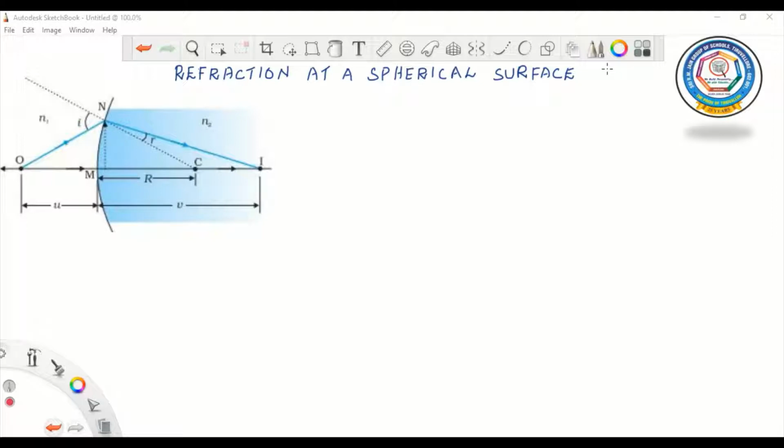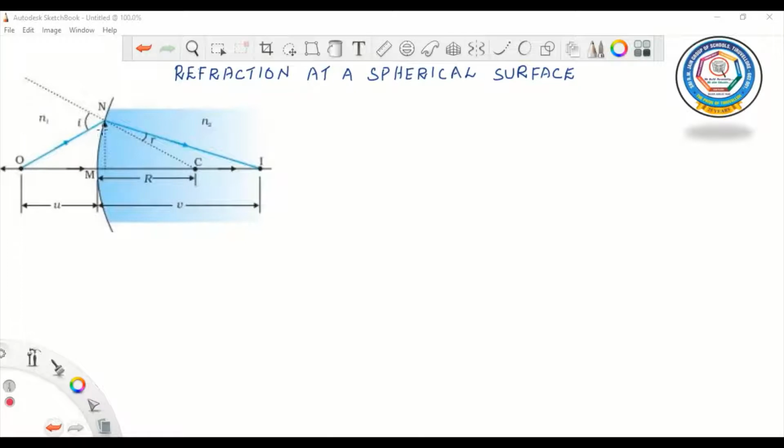Here is the diagram which shows the geometry of formation of the image I of an object O on the principal axis of a spherical surface with center of curvature C and radius of curvature R. Here the rays are incident from a medium of refractive index N1.